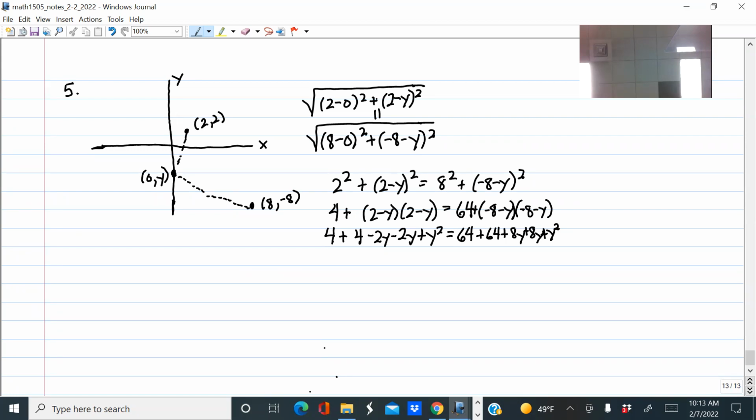And now we just continue simplifying. You can still add things together here. 4 plus 4 is 8, minus 4y plus y squared equals 128 plus 16y plus y squared.